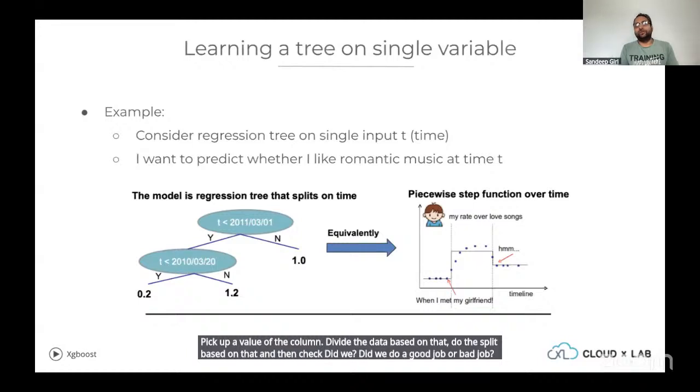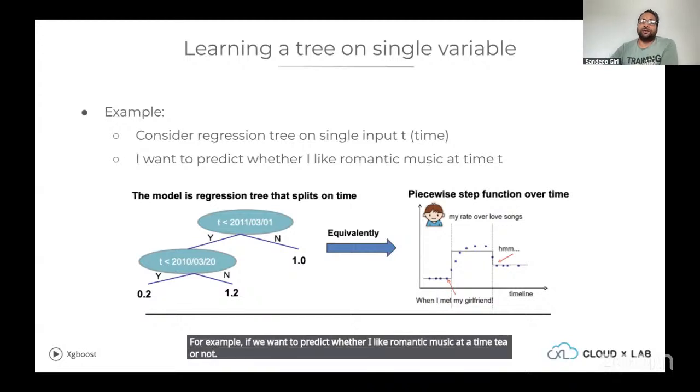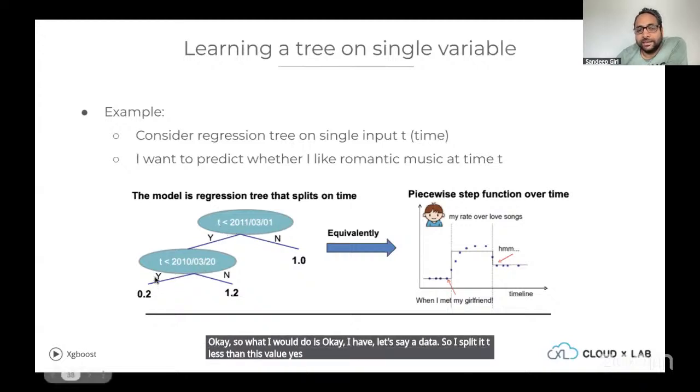And that's what we do. We iterate over all of them and so on. For example, if we want to predict whether I like romantic music at a time t or not, I have, let's say, some data. So I split it at t less than this value. Yes. Again, I split it at t less than this value and so on, right?